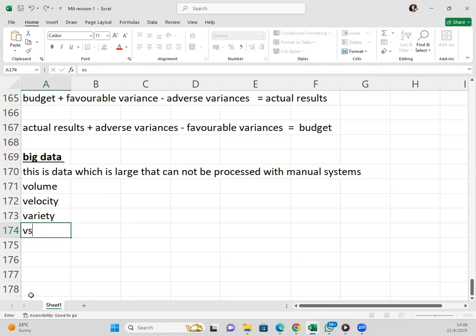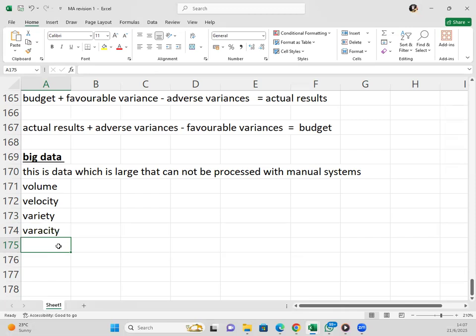Data can also be classified as big data because of its veracity. Veracity of the data is its accuracy. If it's accurate data, it can be regarded as big data. So big data is data that we are receiving in large volumes. It can be data of high velocity, high veracity.